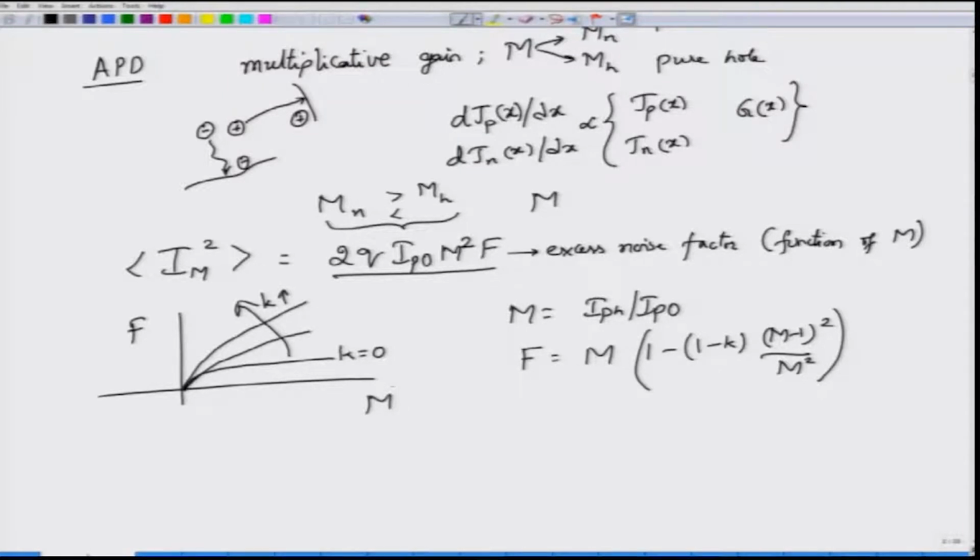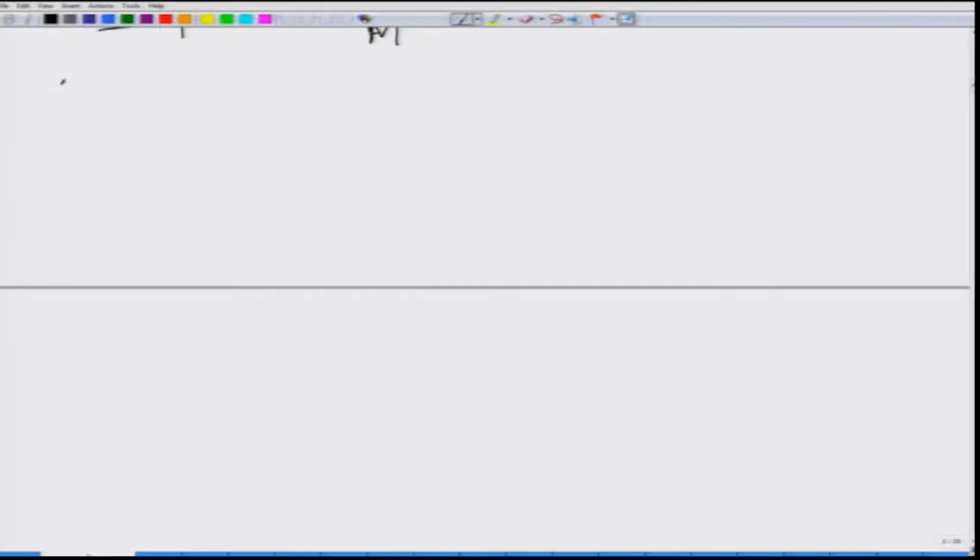Okay. For now, we will look at other noise processes that are there in the photodiode, and the noise which is very important is called the shot noise. Suppose you take an ideal light source, an ideal laser, and give it to an ideal photodetector.